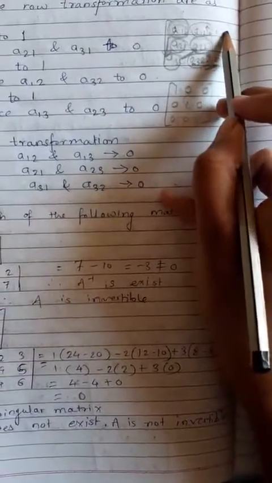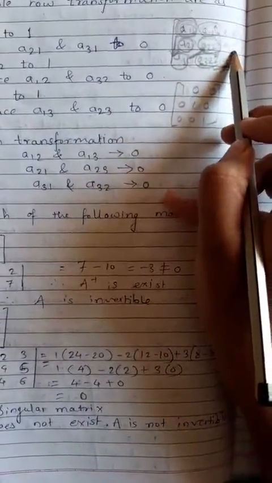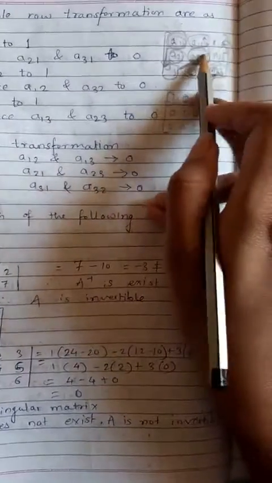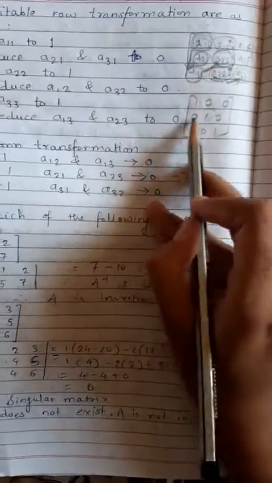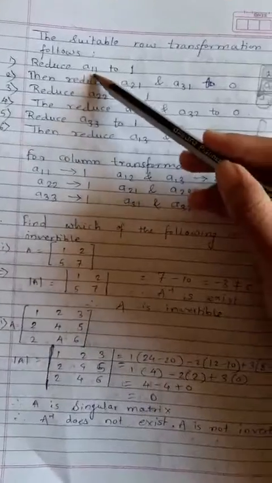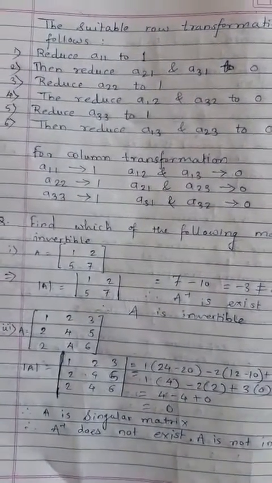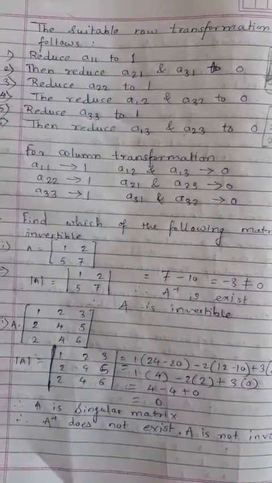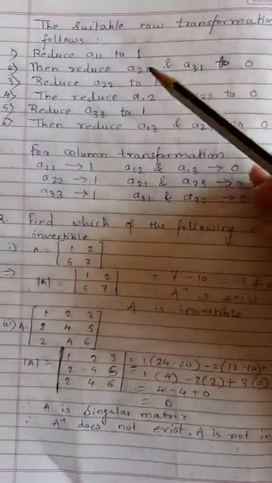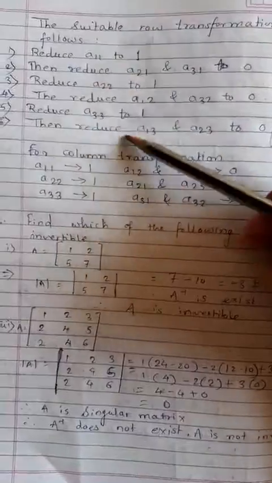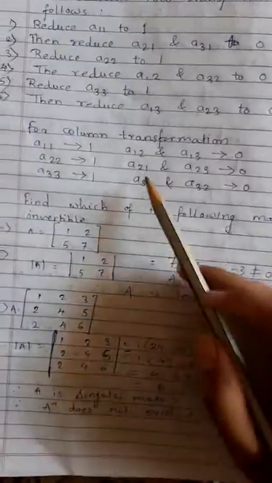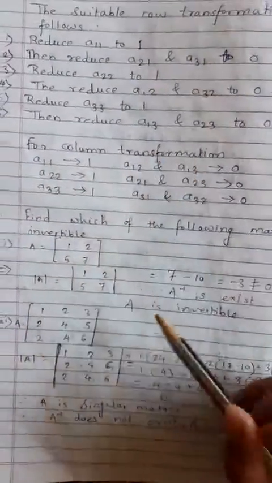Then you have to reduce A13 and A23 to 0. Okay. So you have to just follow these steps while doing row transformation. You will see it while solving the problem, but remember these steps, just learn these steps, that's all. Next is column transformation.